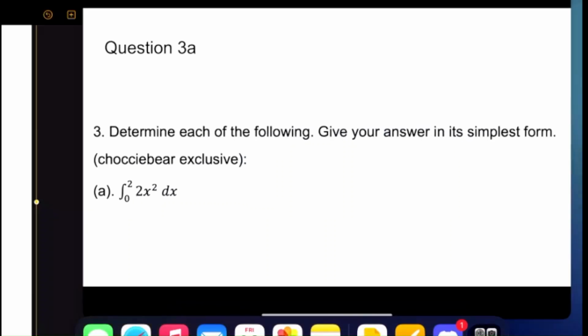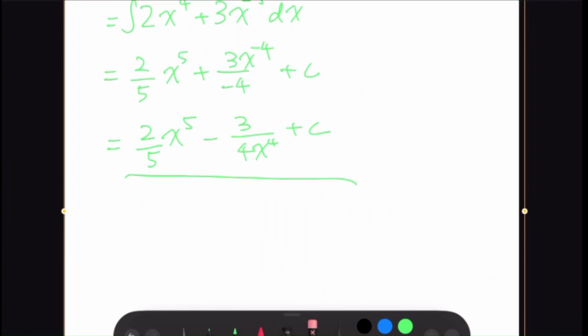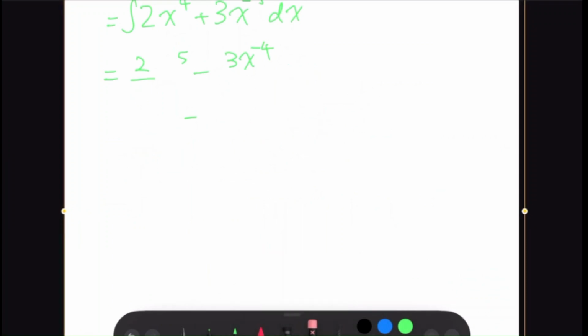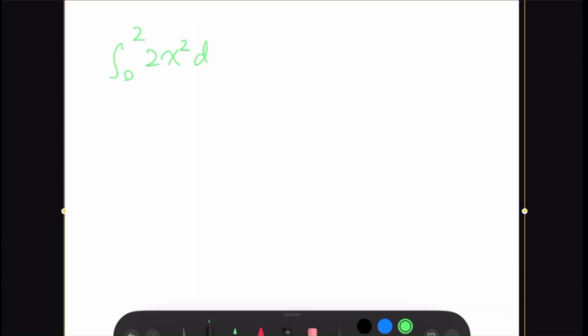Great job, everyone. In case anyone in the audience didn't catch up with that, we'll just run over definite integrals real quick. So integral from 0 to 2 of x squared dx, whenever you see a definite integral, you just integrate it like usual. So we would have 2x cubed on 3, but then we'd put 2 and 0 here.